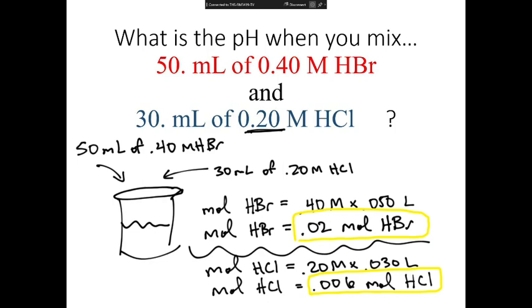I can get a molarity, because pH is all about molarity. I can get a molarity by dividing moles over liters. What's my total volume now? What volume is in that beaker up there? 80 milliliters. Yeah, I get 80 milliliters. I've got to use liters for this stuff.